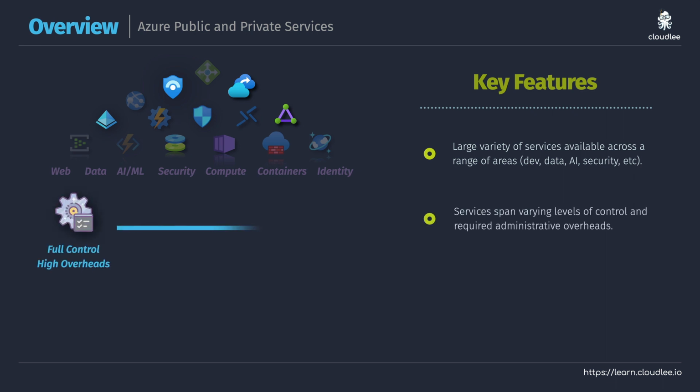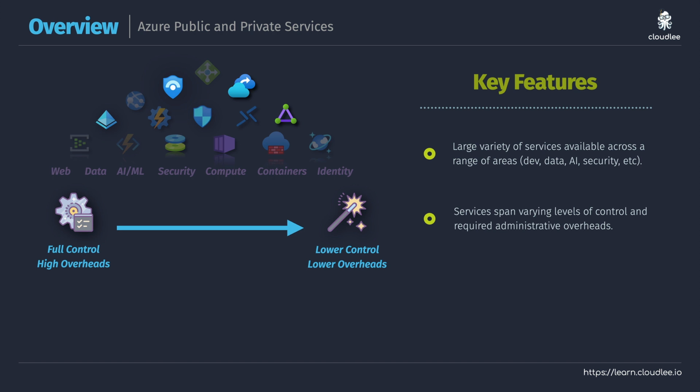And you're going to see that typically they provide different types of functionality for different purposes, and they even provide different levels of control. So for example, we might use virtual machines, a service that allows us to run up servers in the cloud, things like Windows servers or Linux servers. And if we use that service, we've got a fair bit of control over the underlying operating system, what applications we install, what data we deploy, and so on.